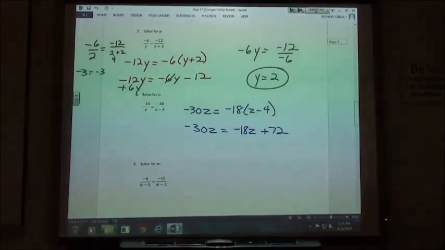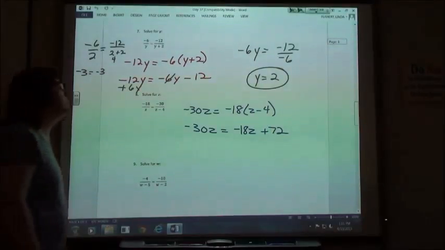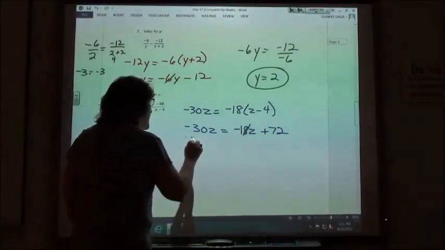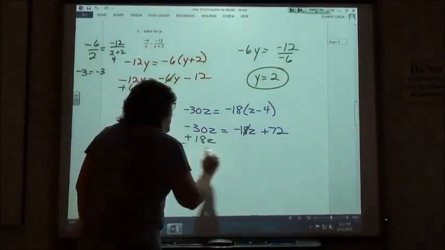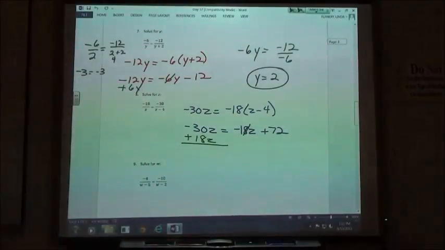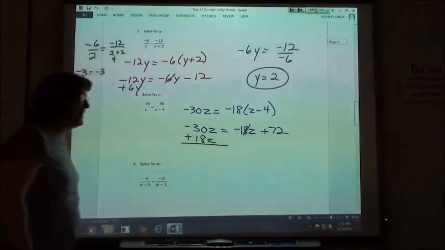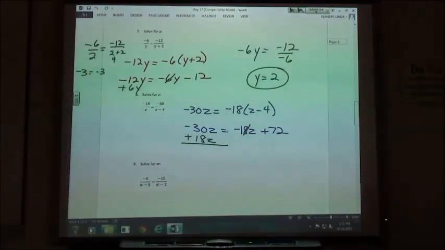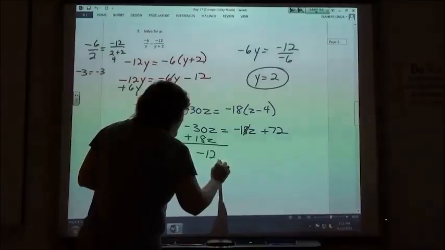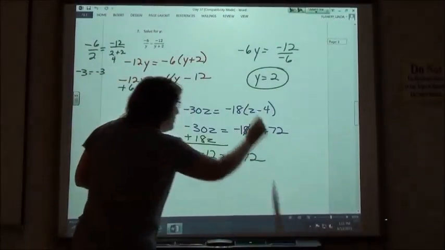So I want to solve that for z. What should I do next? Plus 18. Add my 18z. So negative 30z plus 18z would give me negative 12z equals 72.